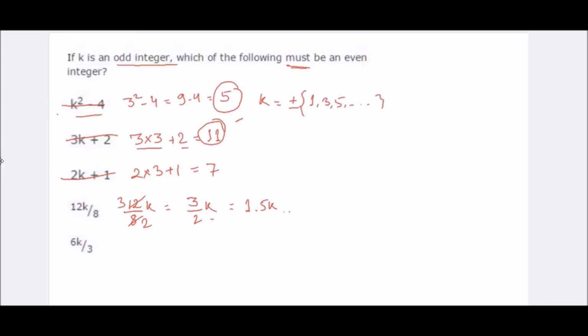Now see for the next choice, it becomes 2k. When we put the k value, when k is equal to 1 it becomes 2, that's even. When k becomes 3, it also becomes even. So in each case it is always an even number, that's why it's our choice, and this one is eliminated.